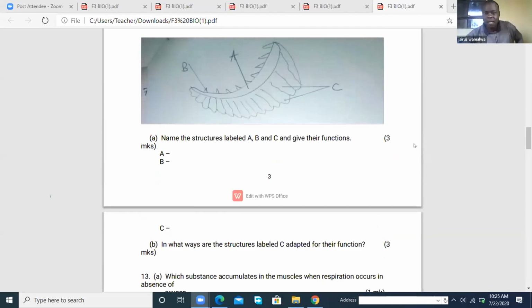Alan, Lesson, help me finish. We are looking at the adaptations of the gill filaments. Yes, the gill filaments are elongated to increase the surface area for absorption of respiratory gases.